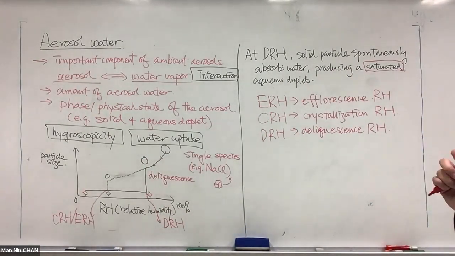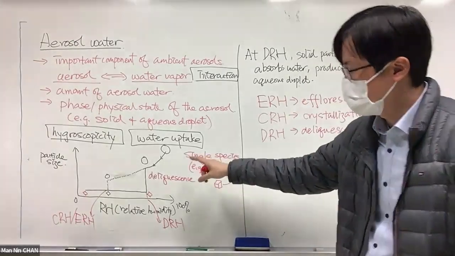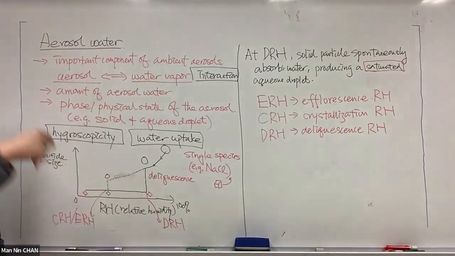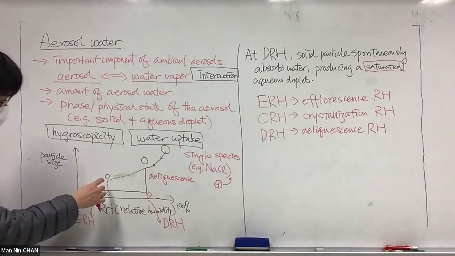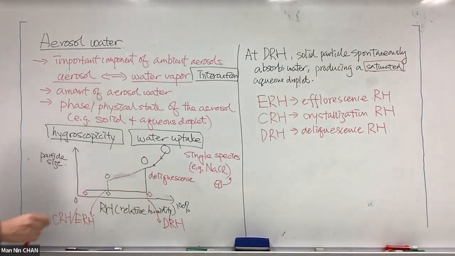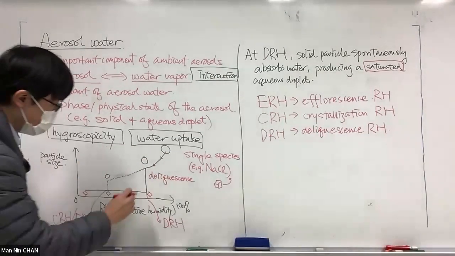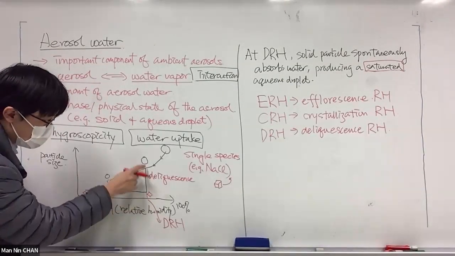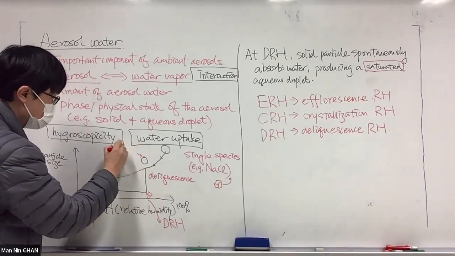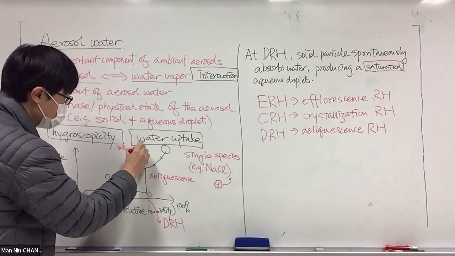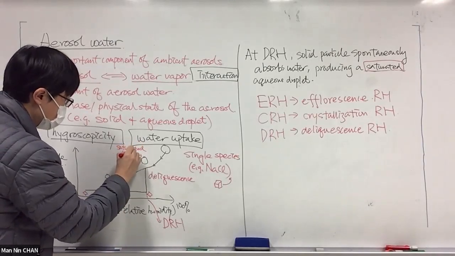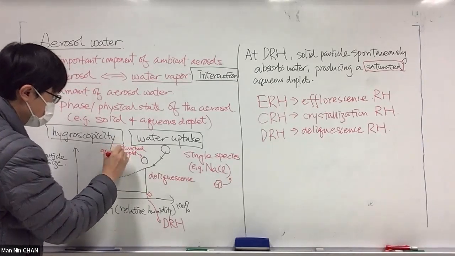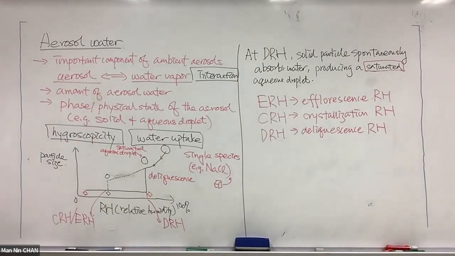So for a single species, this is how single species aerosol will behave in response to the change in the ambient relative humidity. Let me highlight a few points. When you have this solid, you have this deliquescence process, and you form a saturated aqueous droplet.